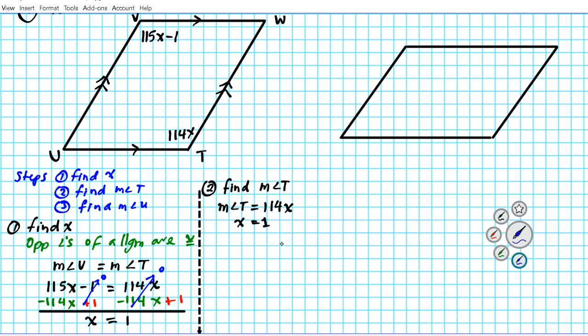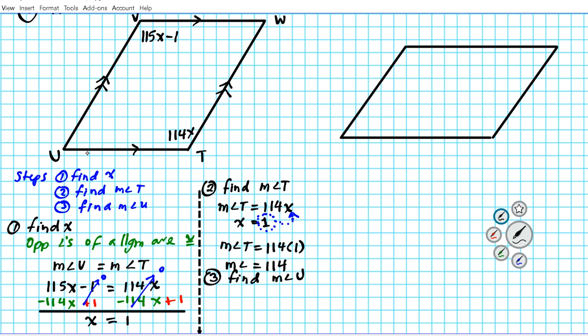We take x equals 1 and plug it into the measure of angle T. So the measure of angle T is 114 times 1, which is just 114. Almost there. Now, the last step, we need to find what we actually want to find, which is the measure of angle U.